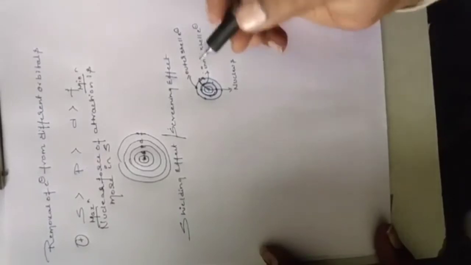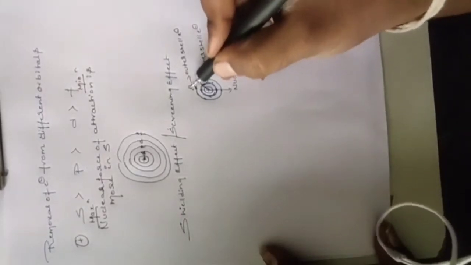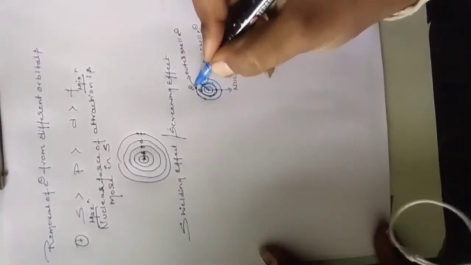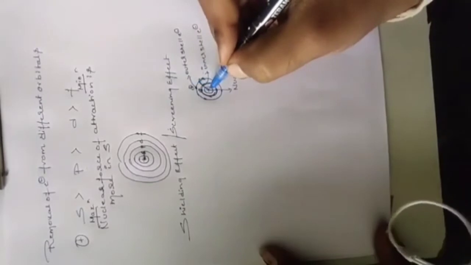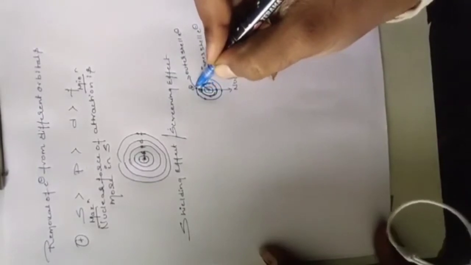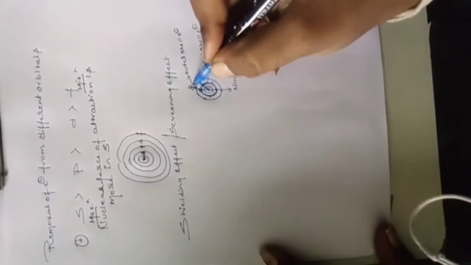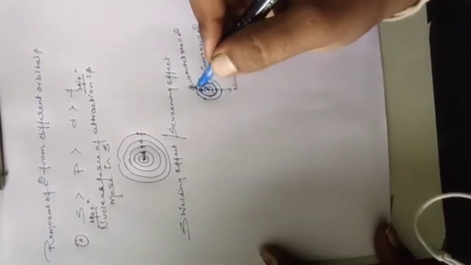The inner electrons are attracted by the nucleus, and there is repulsion between inner and outer electrons, because like charges repel and unlike charges attract.